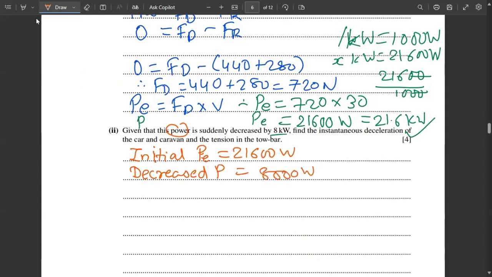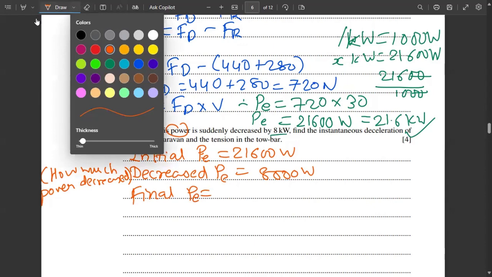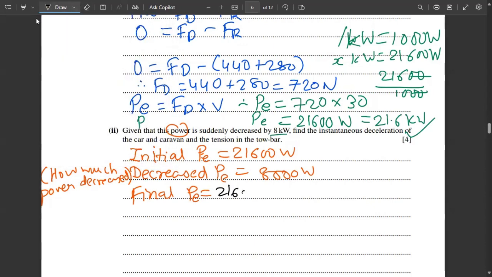That means this much power is decreased. And so the final power due to the engine will be 21600 minus 8,000, which is 13,600 watt. So this is the new power.